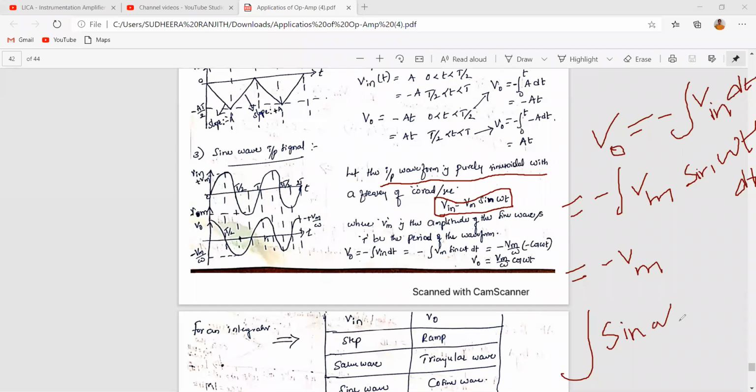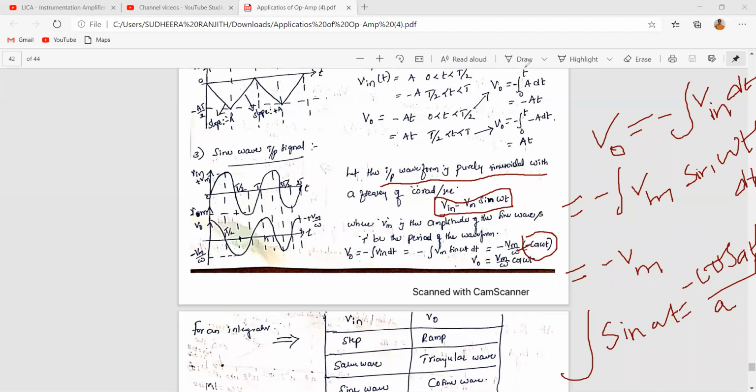So tell me, what is the integral of sin omega t? Minus cos omega t by omega, sir. Right? Similarly, minus cos omega t by omega.